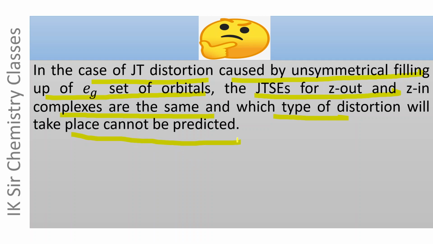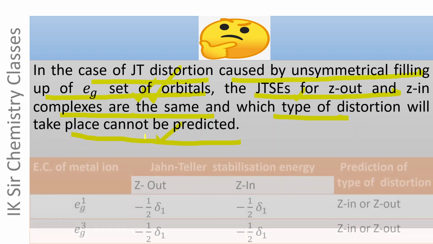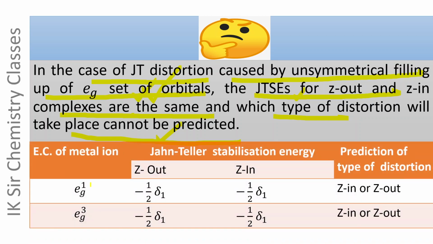If the Jahn Teller distortion in octahedral complexes takes place due to unsymmetrical filling up of the Eg set of orbitals, the Jahn Teller stabilization energy for Z out and Z in configurations is the same, and which type of distortion will take place cannot be predicted. Let us see the electronic configuration of the metal ion: Eg1, this is unsymmetrical filling up, and Eg3, this is also unsymmetrically filled.